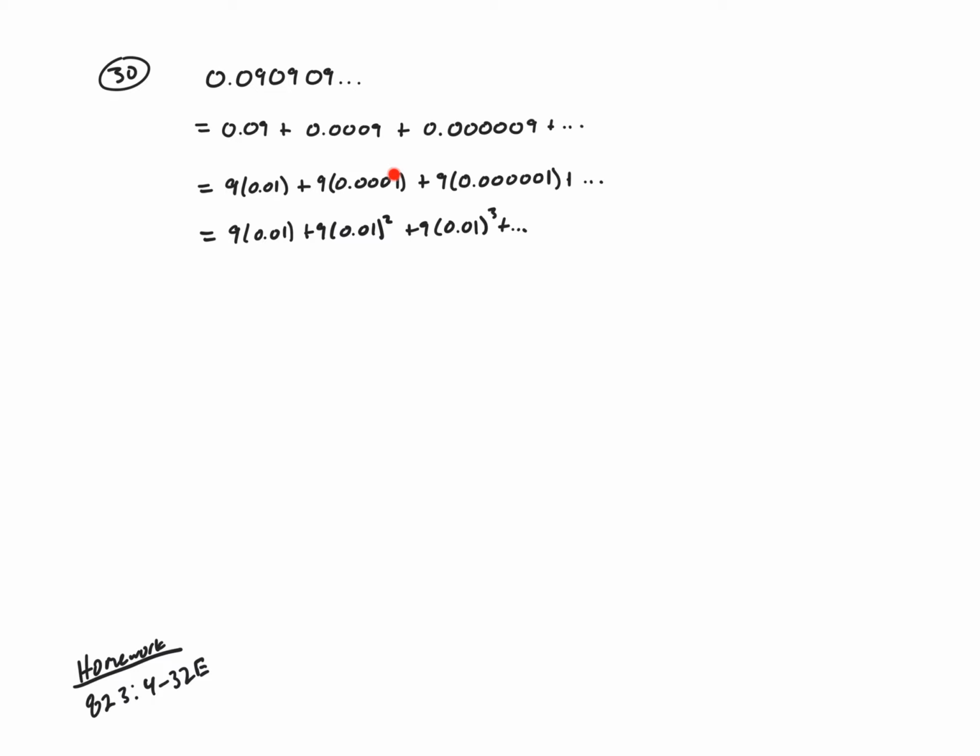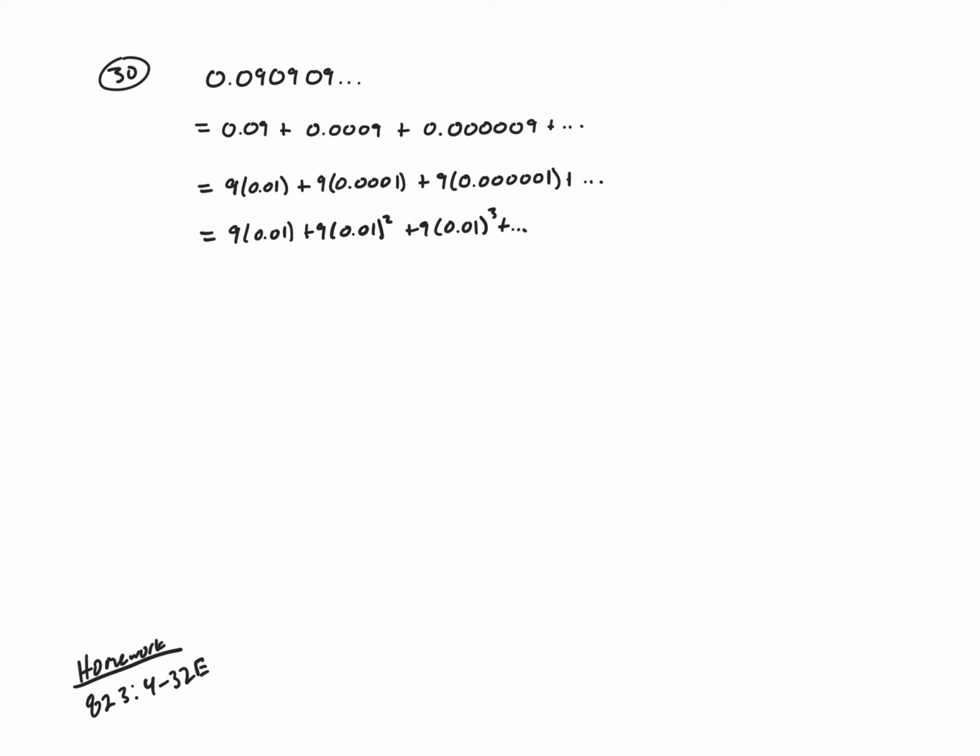And this is 0.01 squared. If you don't believe me, plug it in your calculator: 0.01 times 0.01 and you get 0.0001. And likewise, if you multiply it by itself 3 times, you get this number. Now this looks really familiar, doesn't it? This is my common ratio.